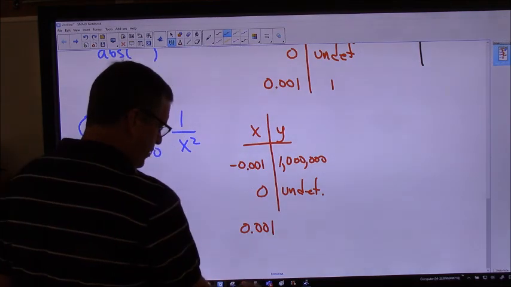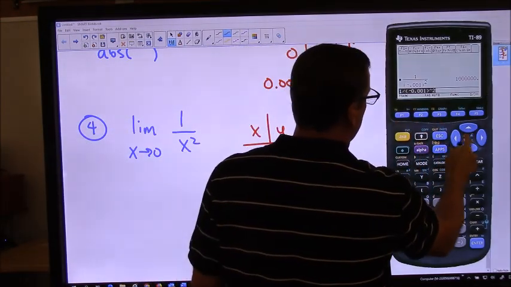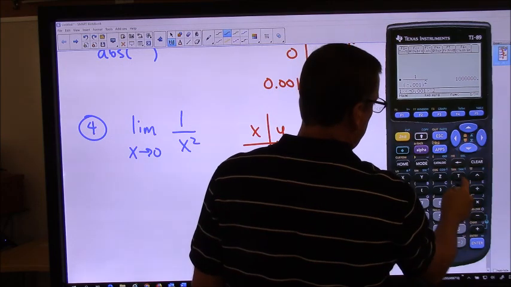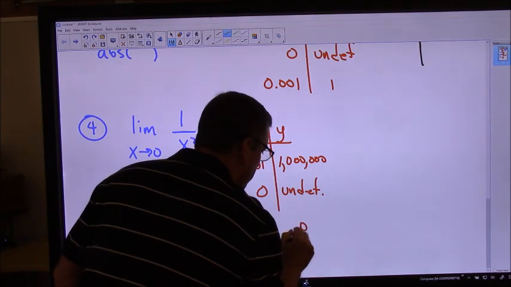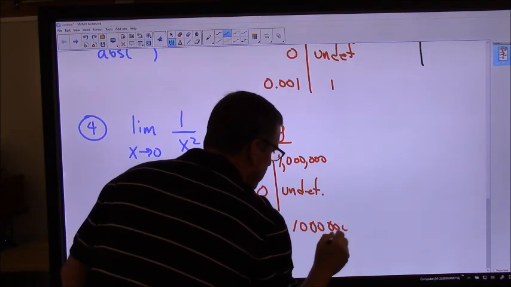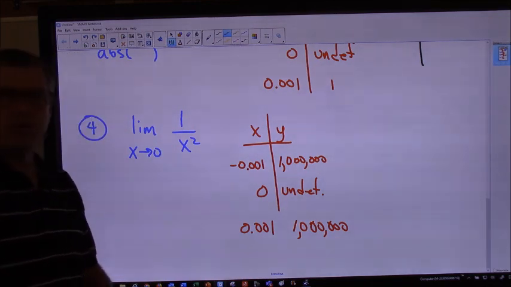And then if I do the same thing with this, I'll just take the negative sign out. I get 1,000,000. So it looks like it's getting pretty close to 1,000,000.